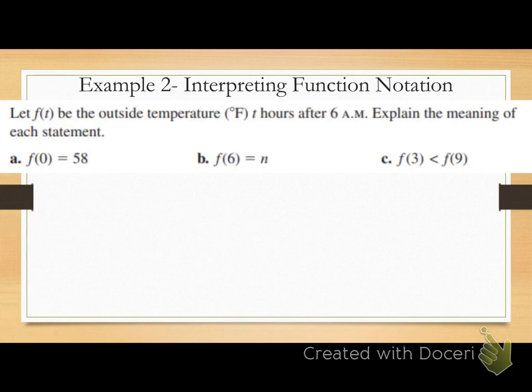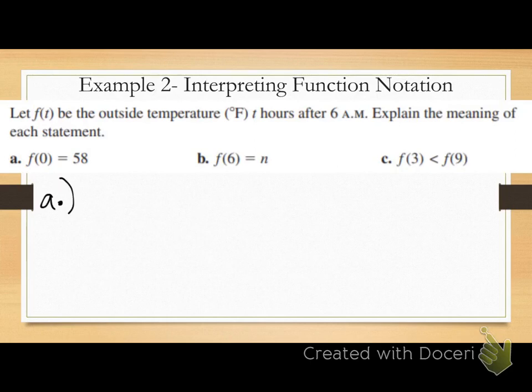And notice that t is the number of hours after 6 a.m. So I'm explaining what each of these statements is saying in regards to my scenario. Letter A. f of 0 equals 58.